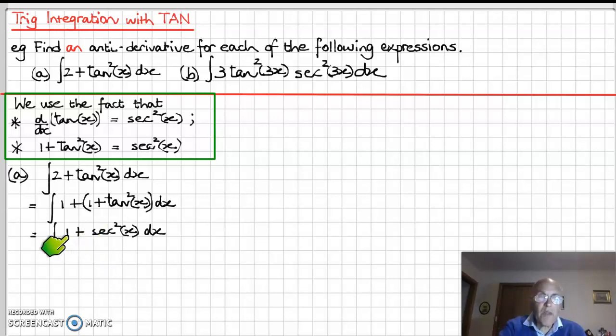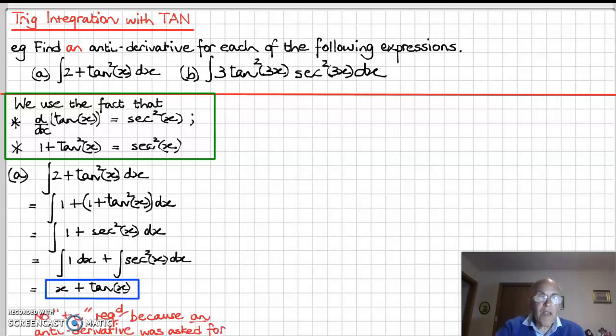The integral of 1 is simply x, and sec squared x is the derivative of tan. So the antiderivative of the derivative is basically just the original function, which was tan. Oh, hang on, I'm going too fast. That's just x plus tan x, yeah.